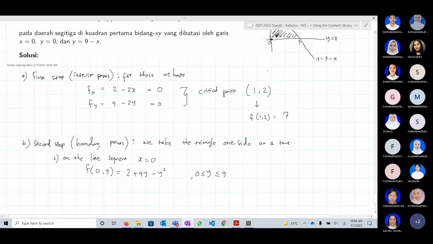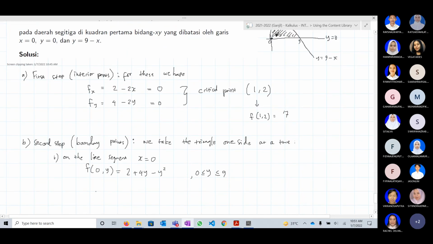the vertical line. Then in this case we simply need to find f_y, which is 4 minus 2y, and we make it equal to 0. Then in this case y is equal to 2.